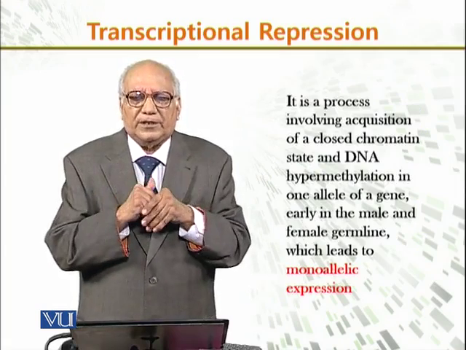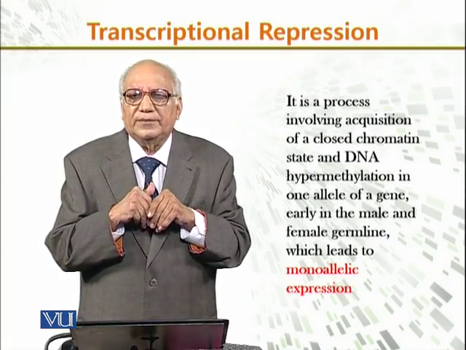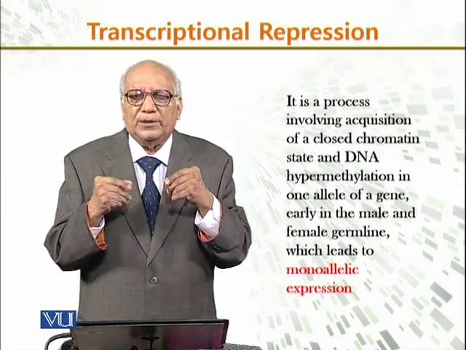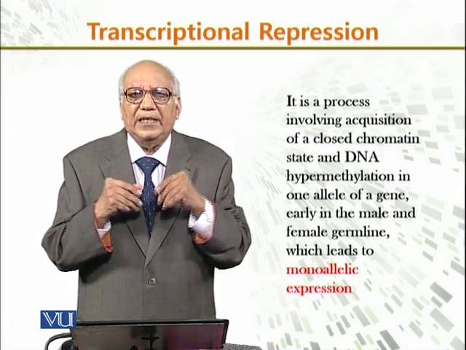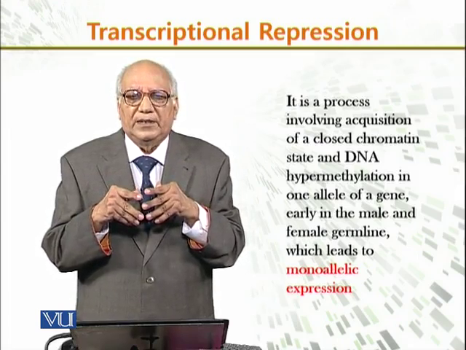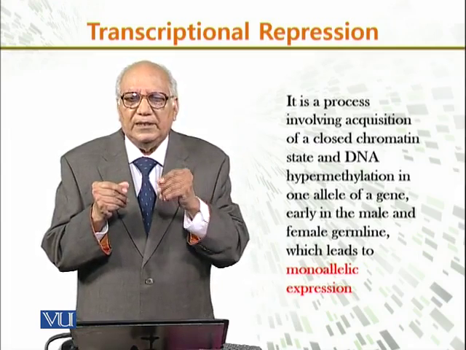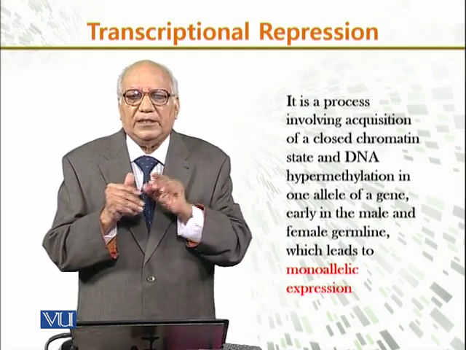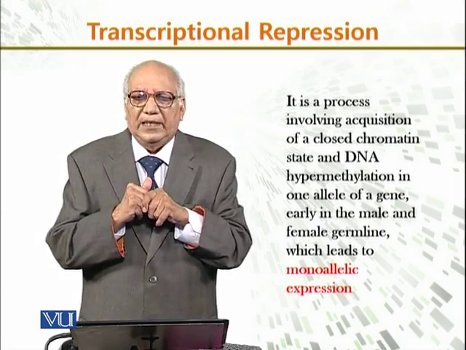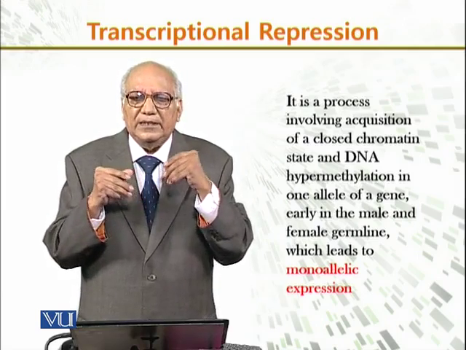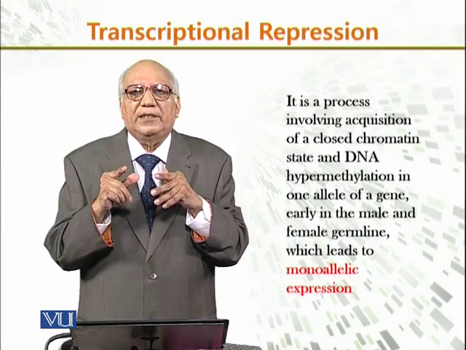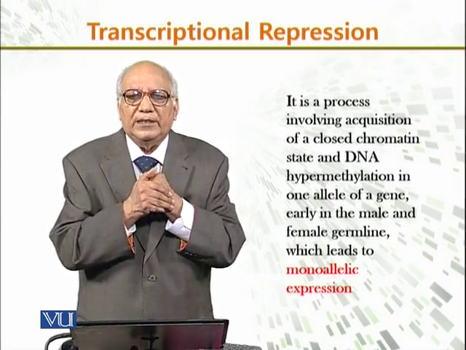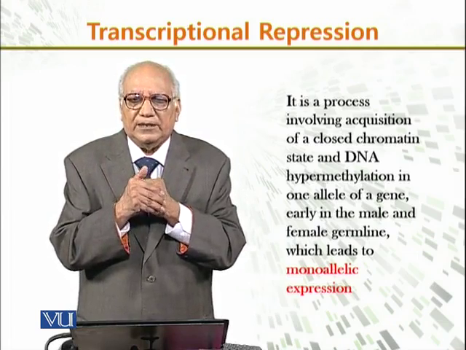Now, this process involves an acquisition of a closed chromatin state and DNA hypermethylation in one allele of a gene. जीन के एक allele में ये methylation हो जाती है. कब होती है? अर्ली इन द मेल एंड फीमेल जर्म लाइन. मेल और फीमेल के जर्म लाइन की अर्ली स्टेजेस के ऊपर ये मैथिलाइजेशन हो जाती है.